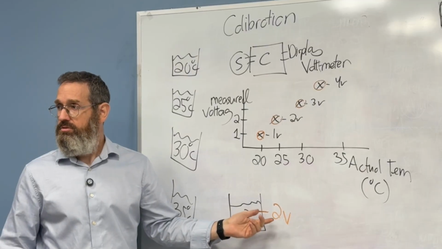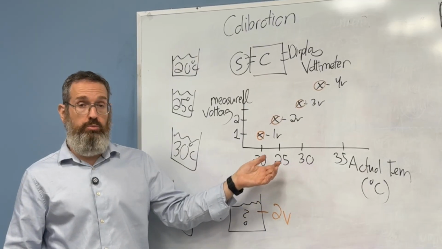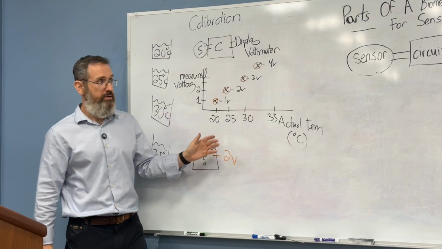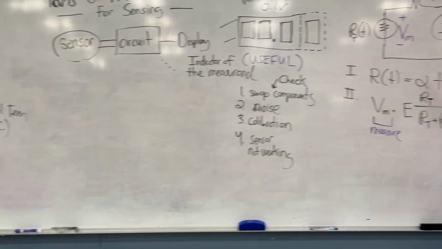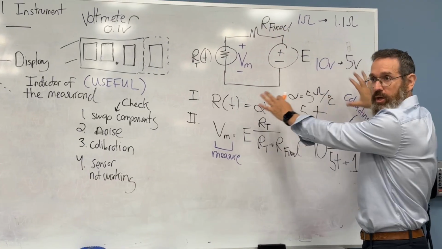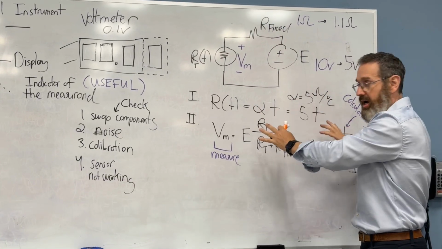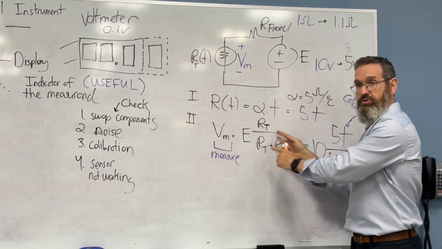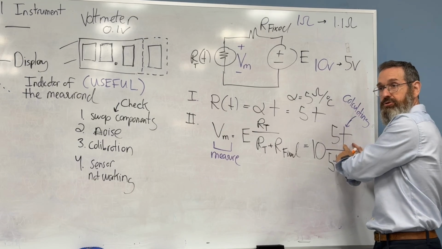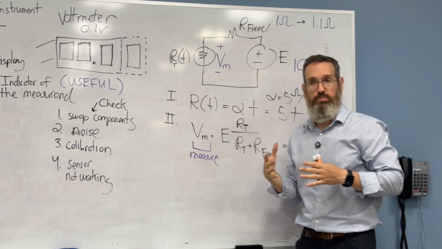Now, what is the normal process that you would do at this point? Write the equation, put in the 2 volts. So we do the solving and we calculate the temperature. That would be the normal procedure.